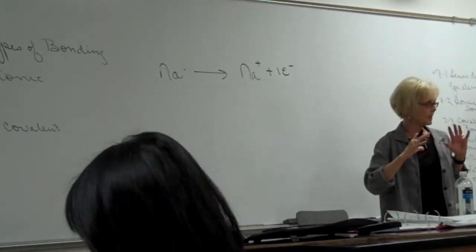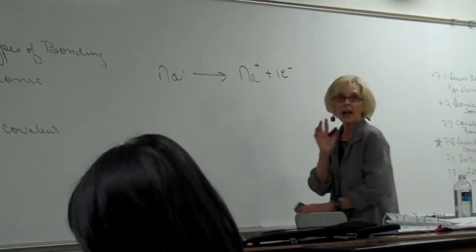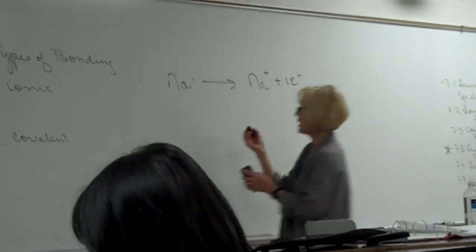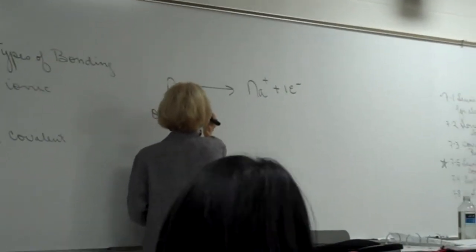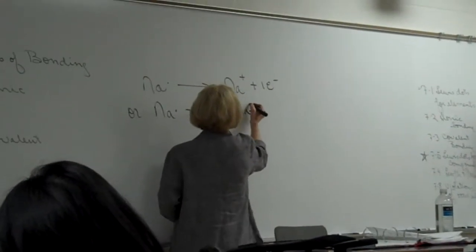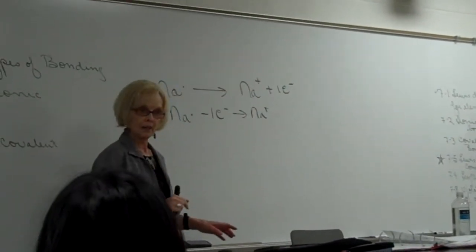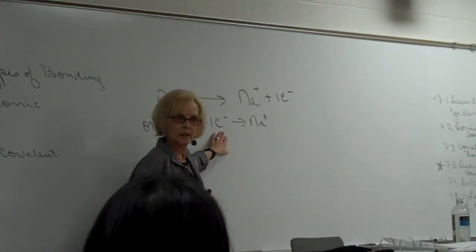And I think I had this up on the board for you once before. And when I had it up here before, I said this is sometimes written like this. You may have seen it like this before, but I don't like it. And here's why I don't like it.